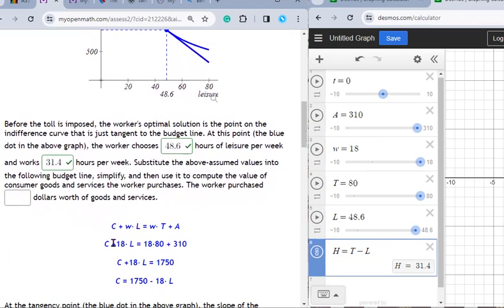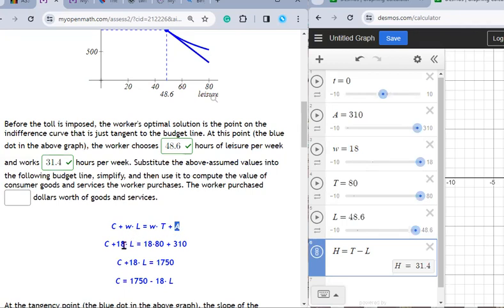Okay, so now we got to form the budget constraint. The budget constraint is dollars of consumer goods and services that she purchases, plus leisure hours she wants each week at a price of her hourly work wage, which happens to be 18. On the right-hand side, this is the value of her time, and this is her allowance, her non-labor income.